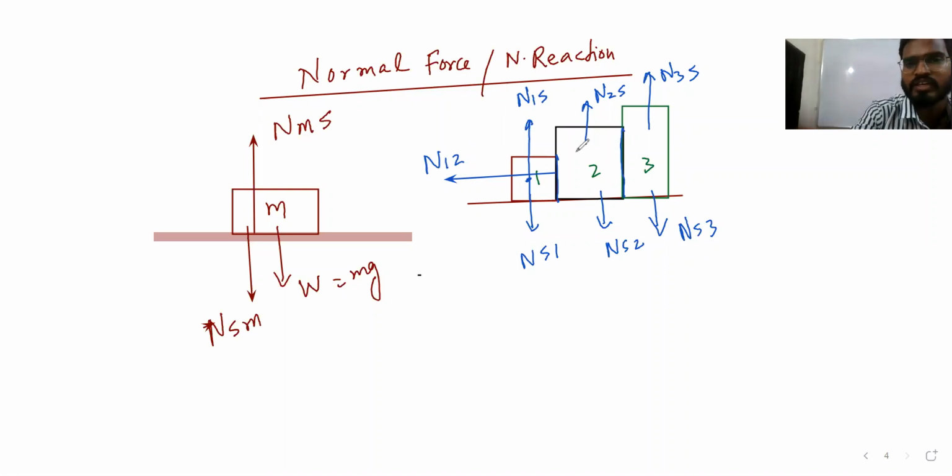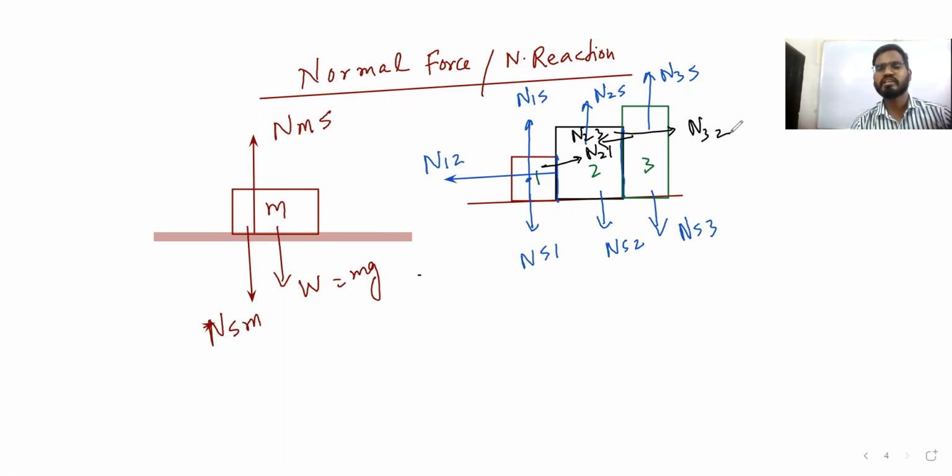So here we can say normal force on 2 due to 1. Now there is also a contact, so normal force on 2 due to 3. Now here will also be a normal force on 3 due to 2. So whenever there is a contact, there will be a normal force. Normal force will always be perpendicular to the contact surface. Hope so it is easy, right?